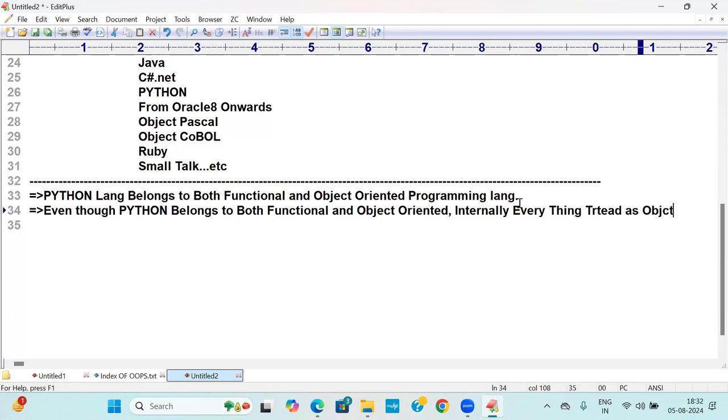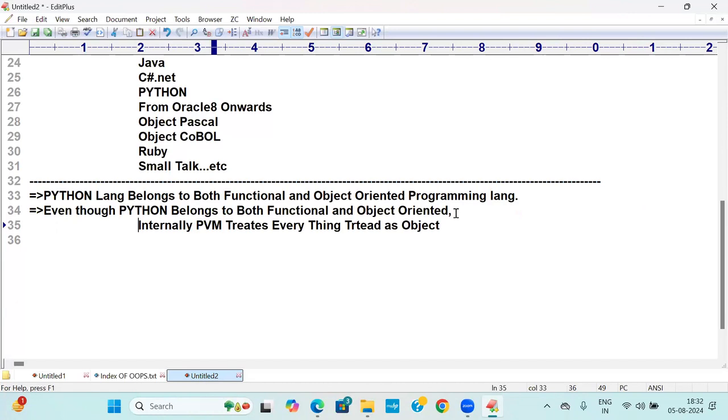Object. Everything is treated as an object only. This is a very, very important point. Even though Python belongs to both functional and object oriented, internally the PVM treats everything as an object. Why? What is the best benefit of this?